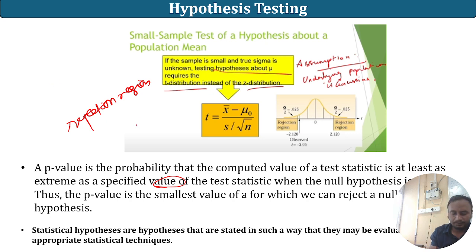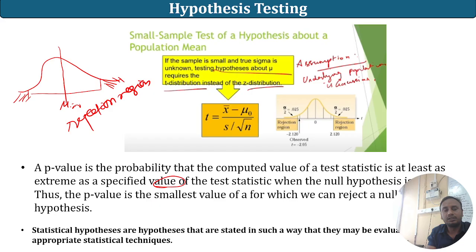If we take the normal distribution here, and if it is here and here, this is going to be the rejection region, and this is going to be the acceptance region. So the p-value is giving the extreme value and the region of rejection.